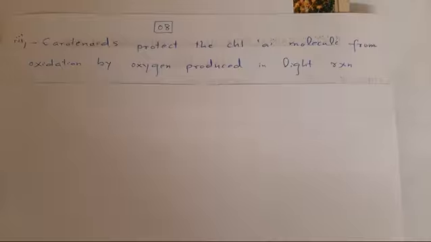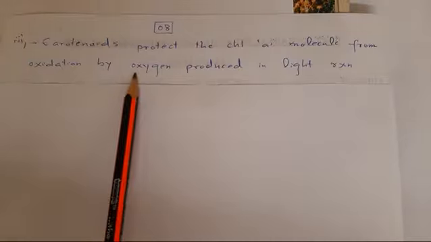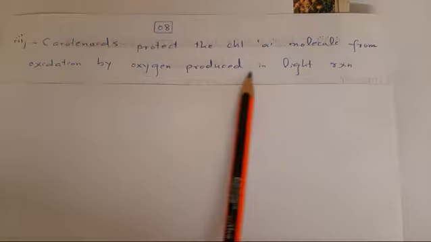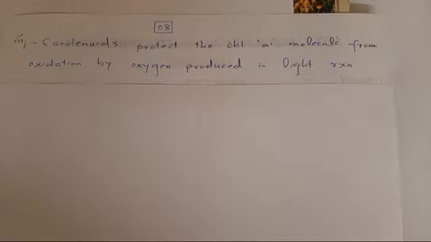So carotenoids protect the chlorophyll A molecule from oxidation by atomic or singlet oxygen produced in the light reaction.